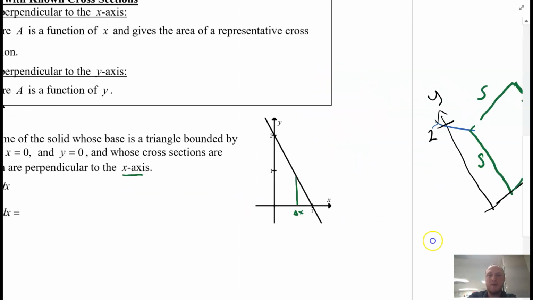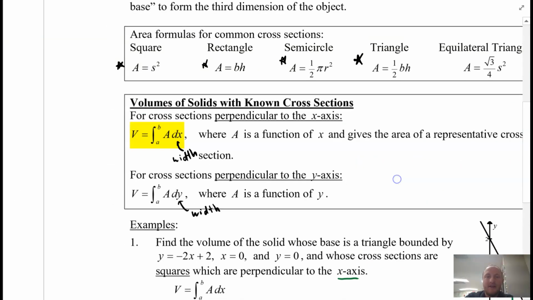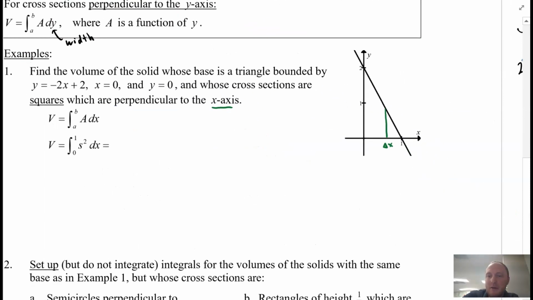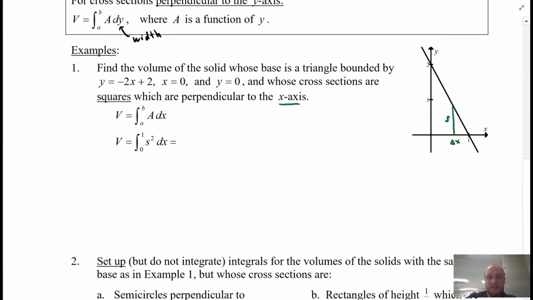So s squared. And in the formulas that we have, they tell us that it's s squared. And that triangle embedded here, that's going to be s. So that is the length of our object, and then it's going to have a height of s, so s squared. So that's what this is saying here.